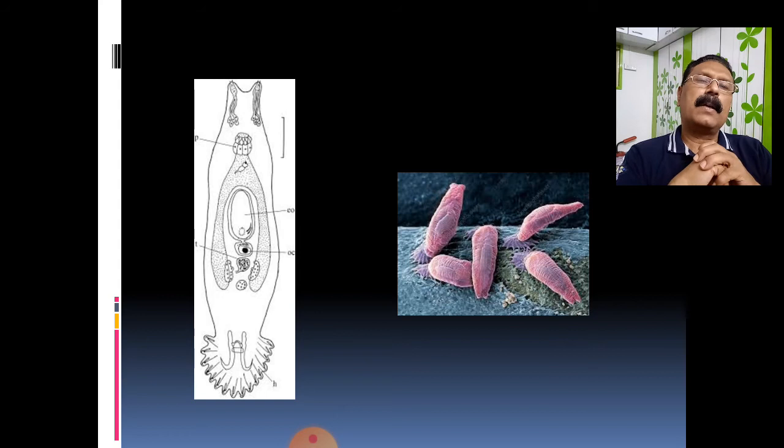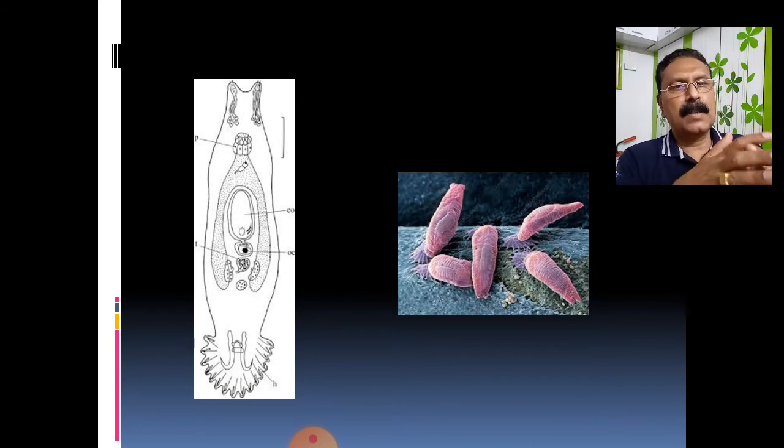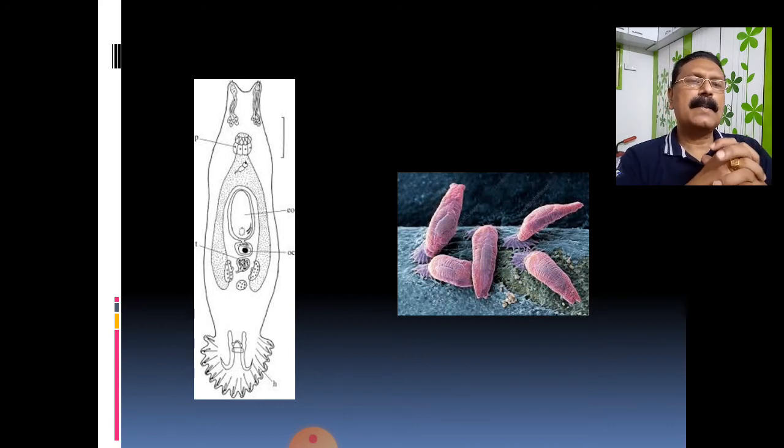As in Dactylogyrus, it has the same function of the haptor. The haptor is an apparatus for attachment to the body of the host, and therefore it has two large hooks.